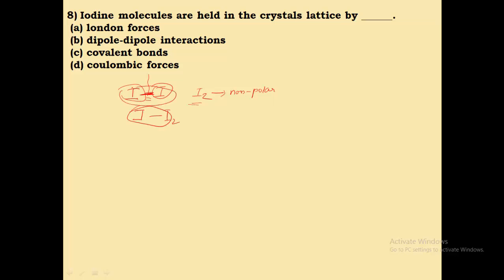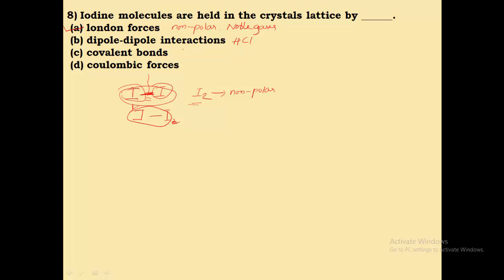If you consider this one and this one as two molecules, then in between these two molecules you will see the weak forces, that is London force or dispersion force, because it is a non-polar molecule. For non-polar molecules and noble gases, you will observe London force. Dipole-dipole interactions, HCl is an example.